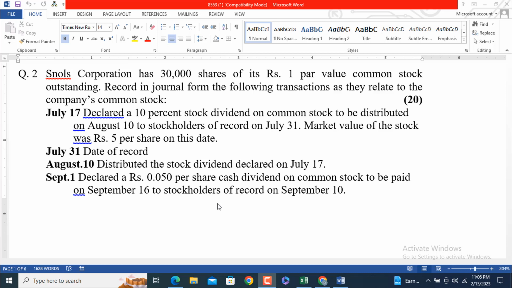If there is no profit in the company, then there will be no liability on the company to pay the dividend, specifically the cash dividend.